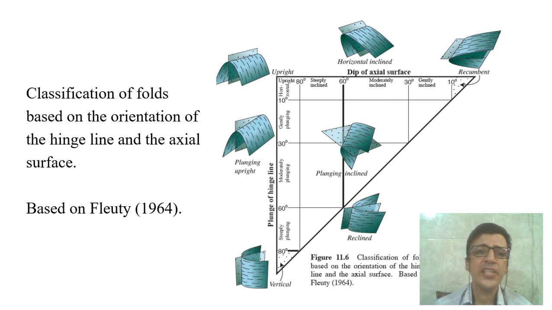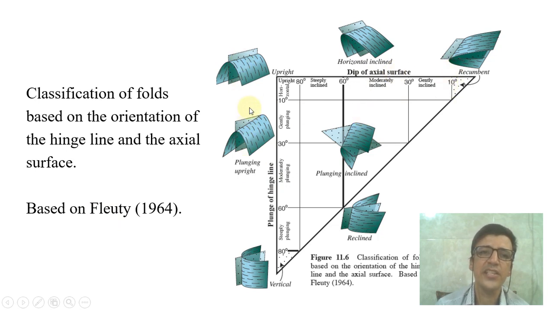Another classification of folds is based on the orientation of the hinge line and the axial surface. This is a classification based on Fleuty 1964. Fleuty created this classification. What is the difference?